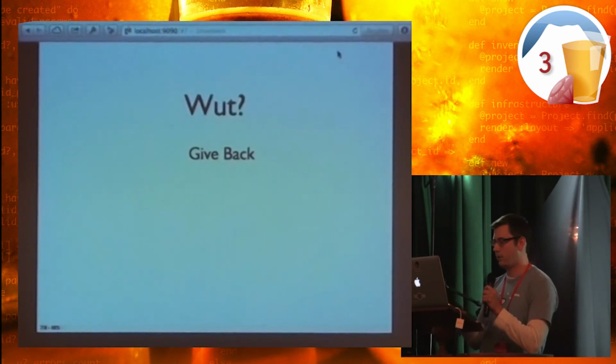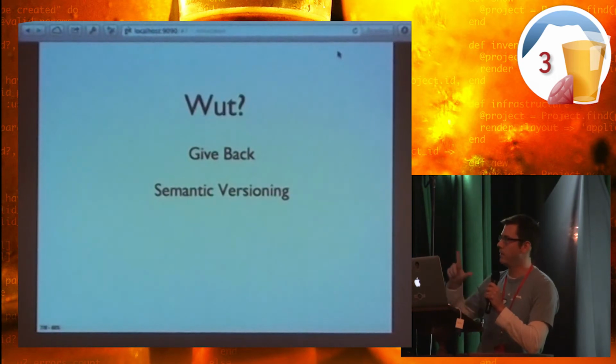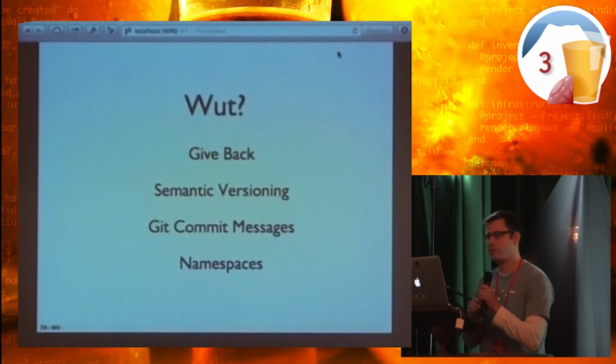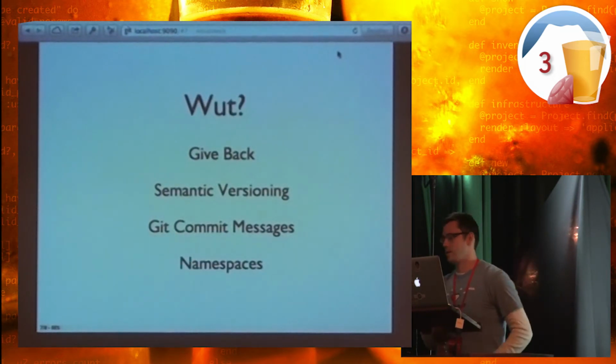Obvious ones are giving back to open source, but at a lower level, something like semantic versioning is amazingly nice when you can run bundle update and all the things don't break because you just did a greater-than for your version numbers. Let's bind things to where they need to be version-wise. Write git commit messages that aren't "period" or "fix", because that's not nice. Use things like namespaces and sensible APIs.